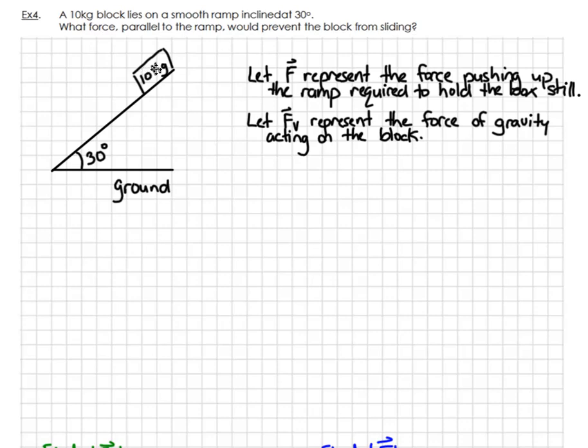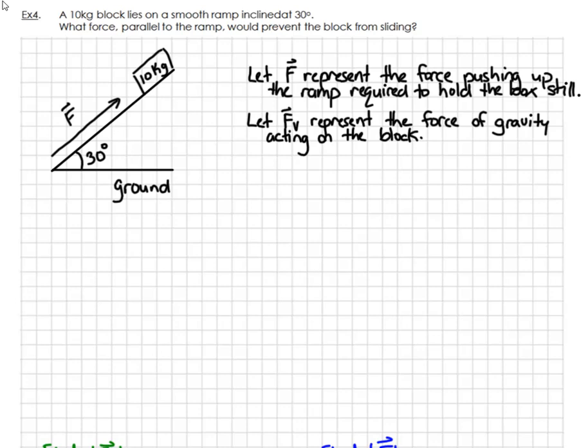So normally it would slide a certain amount and then eventually it'll stop. And so there are several different force vectors acting on it. And I'm going to draw them right now. Okay, so let F represent the force pushing up the ramp. So there is a force going this way. We'll call it this, required to keep the box still.